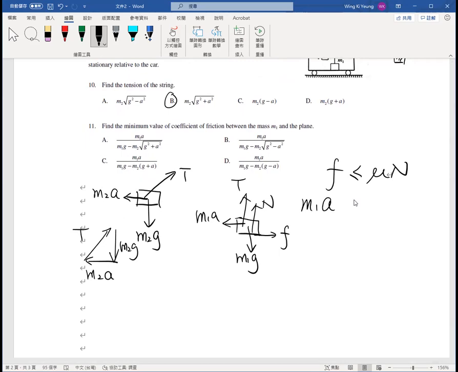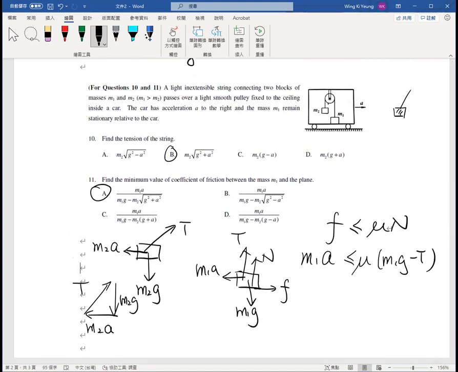So F equals M1A, and then the normal force: T plus normal force equals M1G. So that means the normal force is M1G minus T. And then you get the answer A.